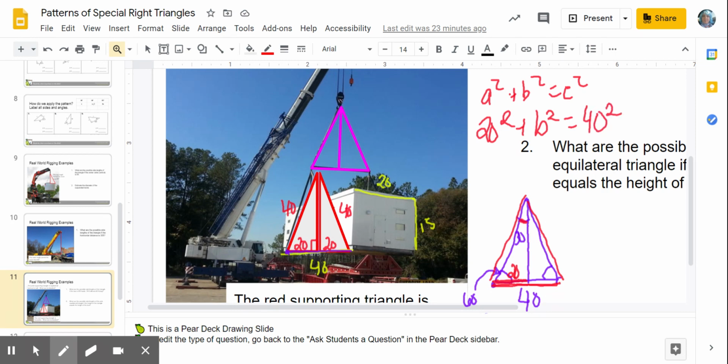The C, the hypotenuse, always the hypotenuse. So when we do that, 40 squared minus 20 squared, and then take the square root, what do we get for B? What's this height? Should be less than 40 and bigger than 20.